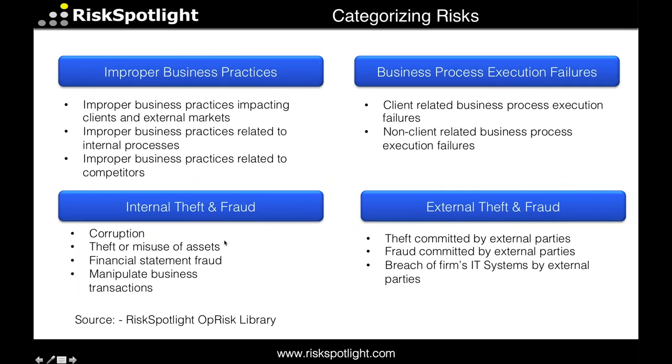So what we've done in our operational risk library, these are the risk categories we've used. We've stuck to the Basel categorization and just expanded some of the categories a little bit. So we have risks around improper business practices. There are risks around internal theft and fraud, business process failure, and external theft and fraud. And then I've listed the second level of category we have under those.